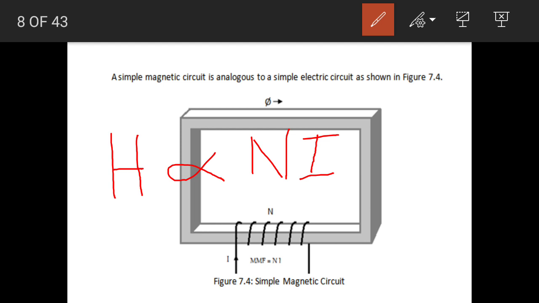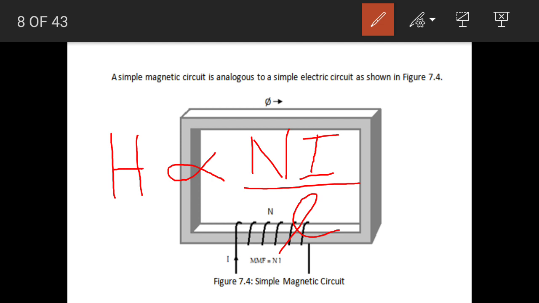If you increase the current in the coil, the magnetic field intensity will increase. Well, this magnetic field intensity is inversely proportional to the mean length of the magnetic material of this magnetic circuit. So if you increase the mean length of this material, the magnetic field intensity will decrease.